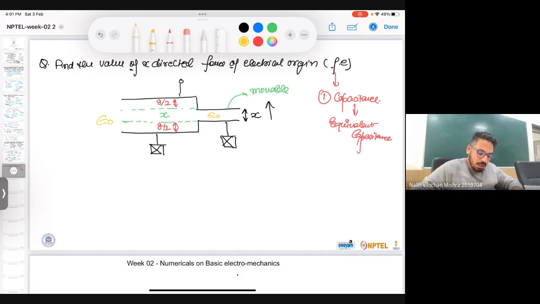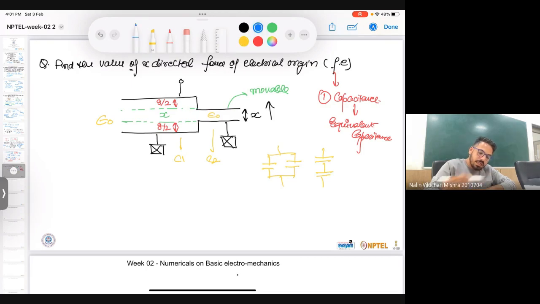So tell me, this system, how they are connected? It's connected in series or parallel? So there are these two capacitances, C1 and C2. Are these capacitance connected in parallel or series? These are connected in parallel. Okay.